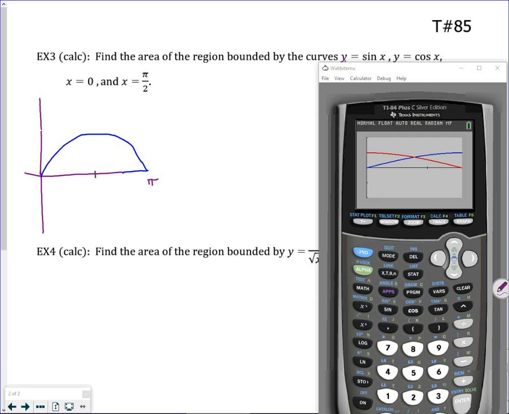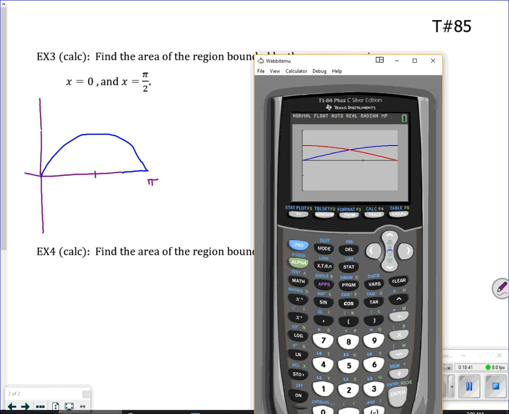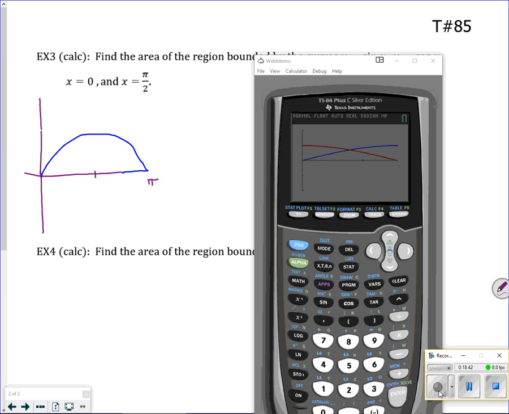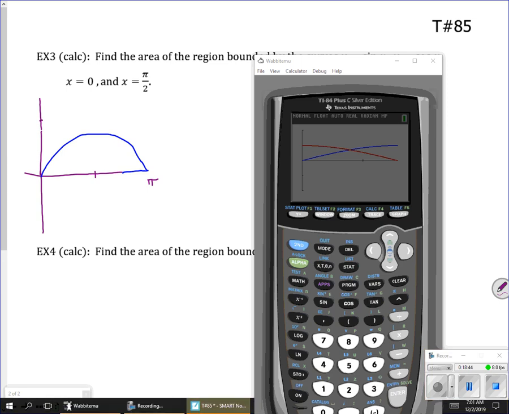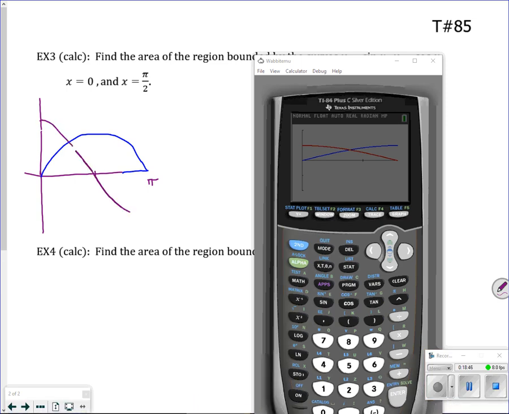Cosine comes like so. Cosine does this and then comes like here. Now notice what I drew more on my paper than the calculator, because remember this is pi over 2. So I also have x equals 0 and x equals pi over 2.